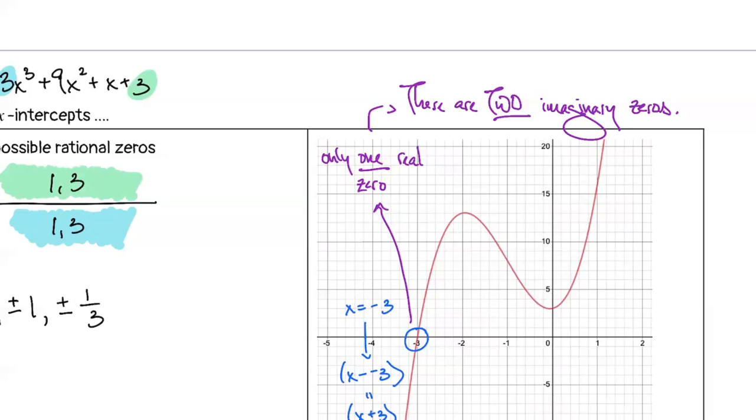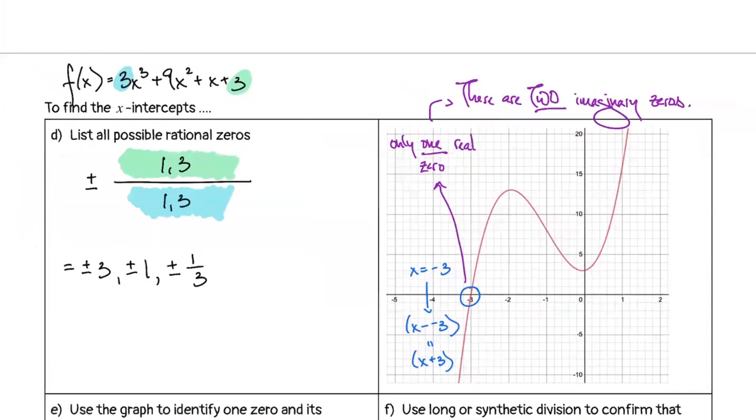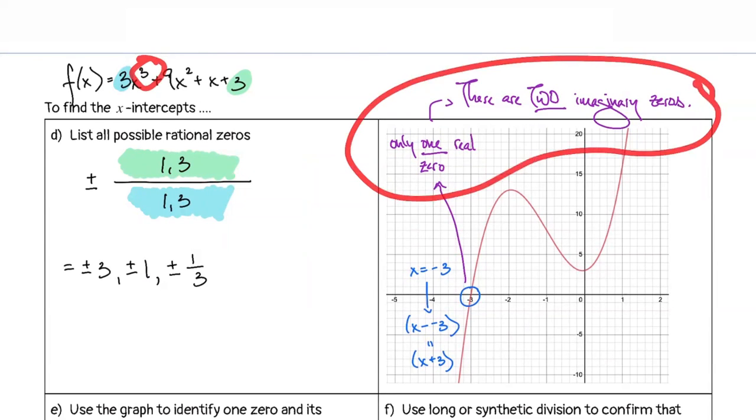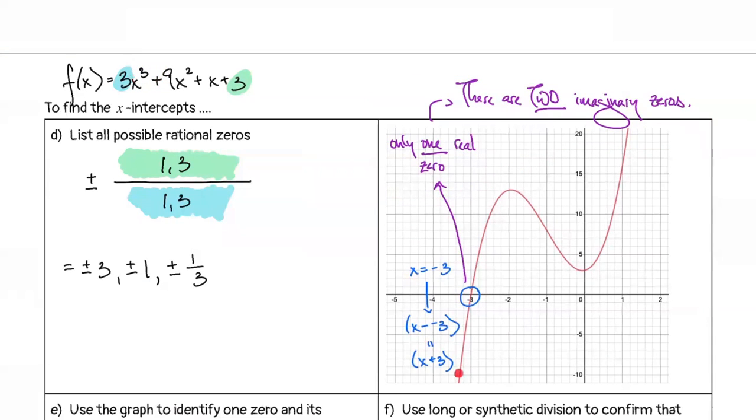Right? Another way to say that is that the maximum number of zeros is always achieved. If the maximum number of zeros is 3, you're going to have a total of 3, but only some of them might be real. The others will be imaginary. And because they're imaginary, we don't see them on the graph, right?